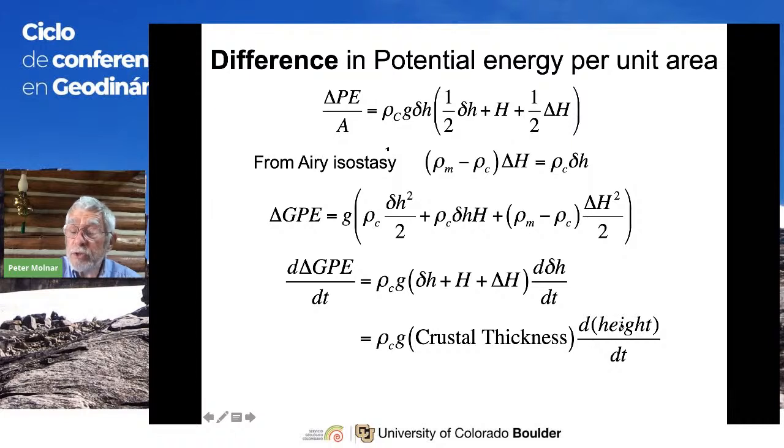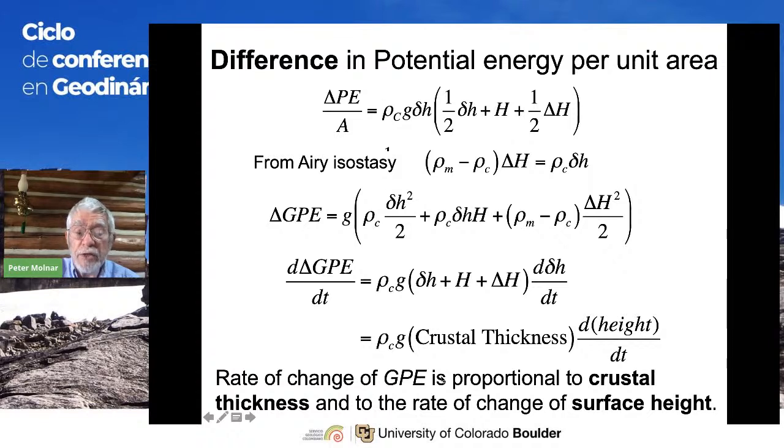So as you raise the surface, you increase the potential energy per unit area of that elevated region, and hence you increase the difference between the elevated region and the neighboring lowlands. So the rate of change of gravitational potential energy is proportional to the crustal thickness, that factor, and to the rate of change of surface height, that factor right there.